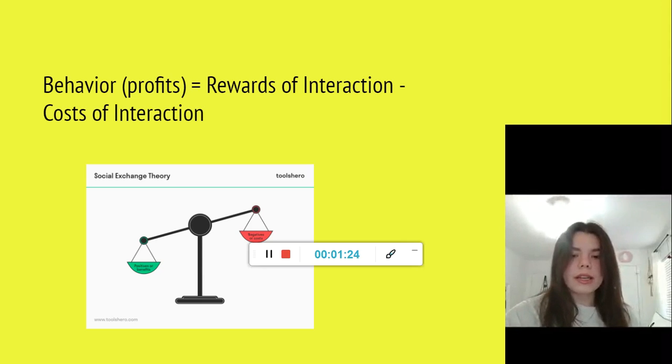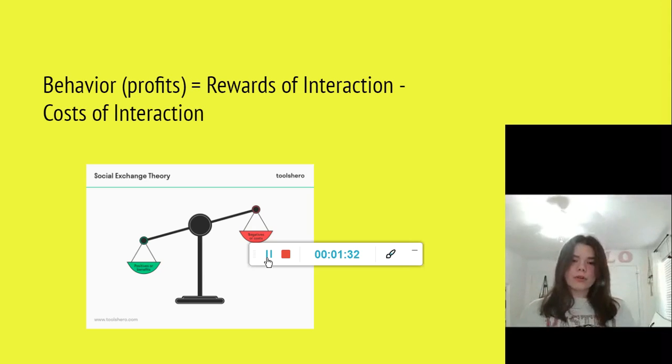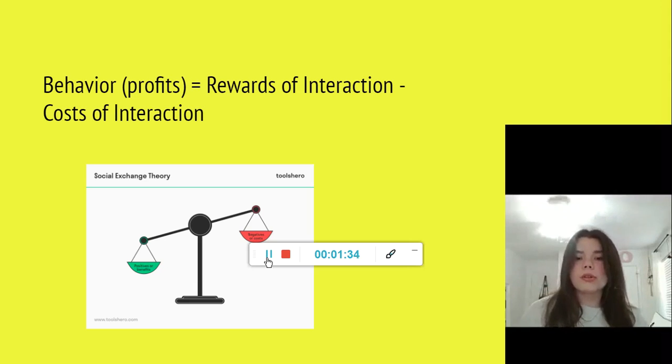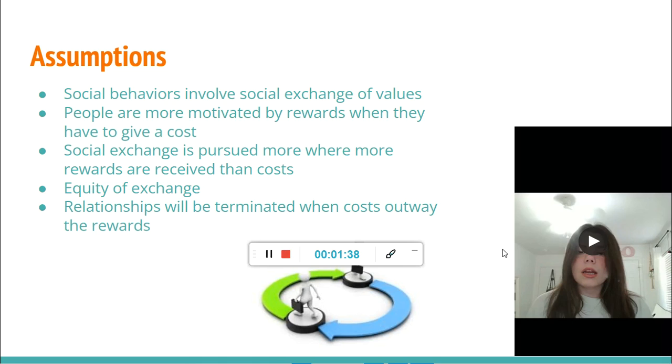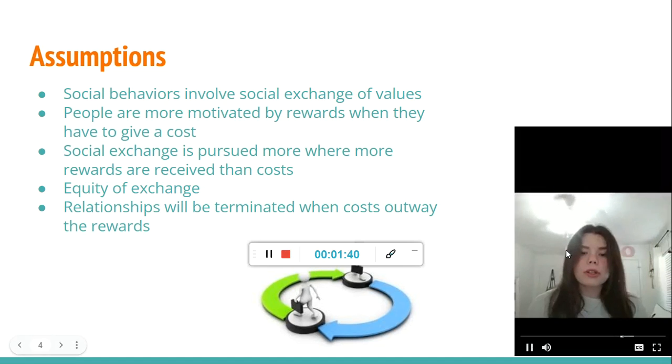The interesting thing about social exchange theory is that it is stacked with many assumptions. First of all, the theory is based around social behavior, which puts an importance on social exchange, having value behind them.